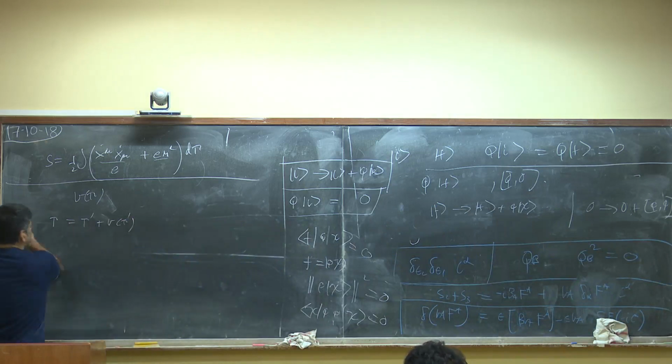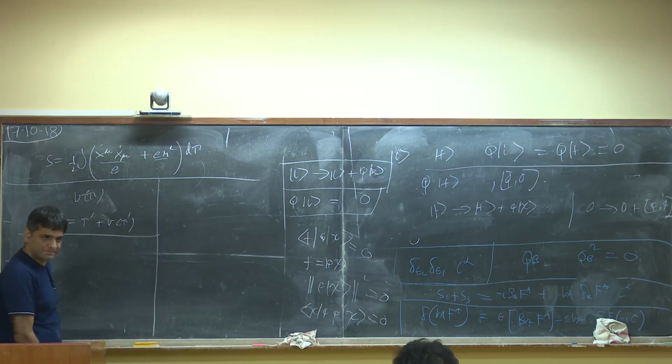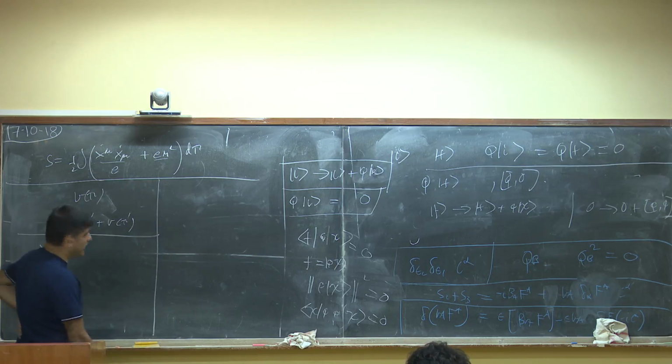Under this transformation, I want to understand how each of these fields transforms. So what about x mu of tau? Well, I'll just rewrite it in terms of tau prime.